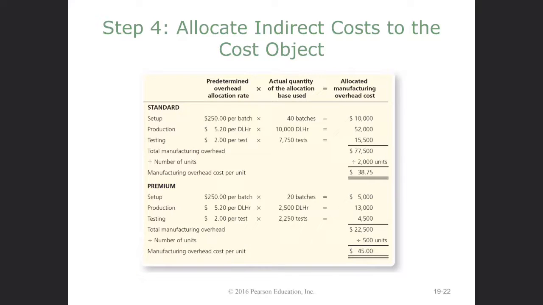Gives us our manufacturing overhead cost per unit of $38.75. So total manufacturing overhead divided by the number of units equals manufacturing overhead cost per unit. And that's looking at our standard. We also have our premium down here. They're calculated the same way.